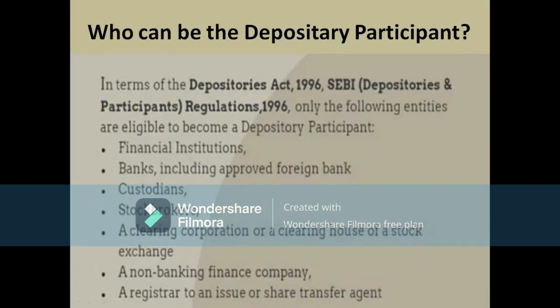Now, who can be a depository participant? In terms of the Depositories Act 1996 and SEBI regulations 1996, only the following entities are eligible: financial institutions, banks including approved foreign banks, custodians (I'll tell you what custodians are), stockbrokers, clearing corporations (we have studied clearing corporations in the previous class), non-banking finance companies, and a registrar to an issue or share transfer agent.